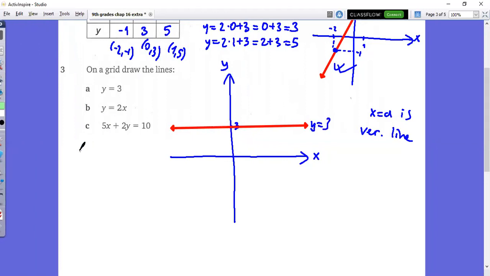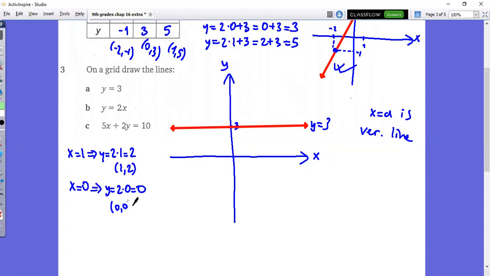y equals 2x. Let's substitute 1 for x. We get y equals 2 times 1, 2. So the point (1, 2): x coordinate 1, y coordinate 2. Let's find one more point, which is 0. Substitute 0 for x: 2 times 0 is 0. When x is 0, y is also 0.